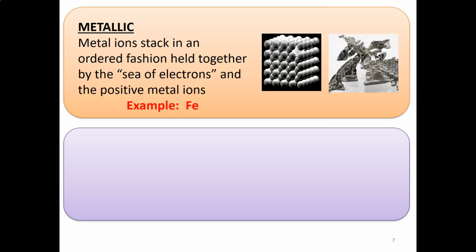Next is metallic. With metallic substances, we get metal atoms stacked together on top, bottom, left, right, in all three dimensions. They start packing together, and they're very orderly. And what holds them together, if you remember, is that the electrons detach and they can move around. So we say they have a sea of electrons. They're no longer stuck onto one particular nucleus.